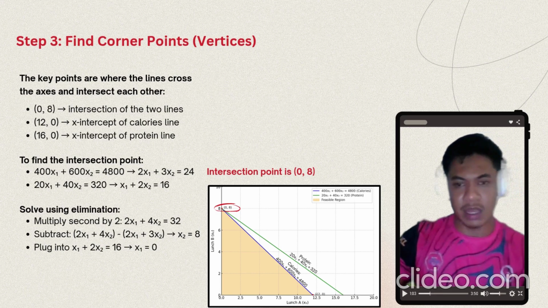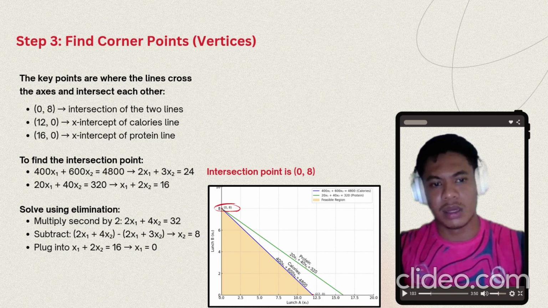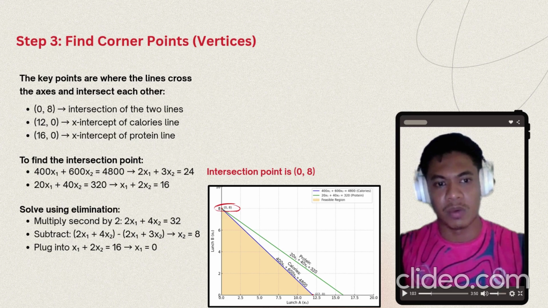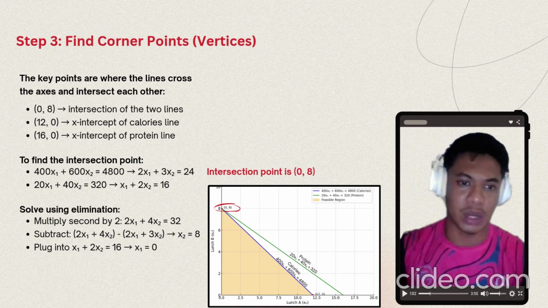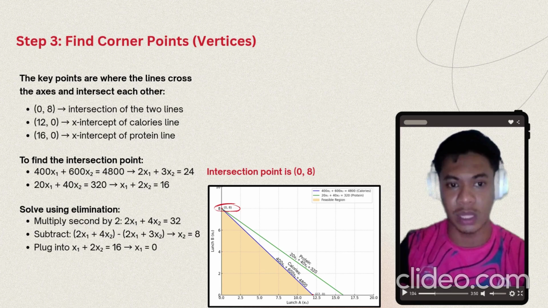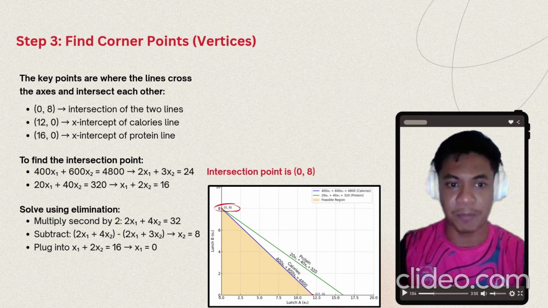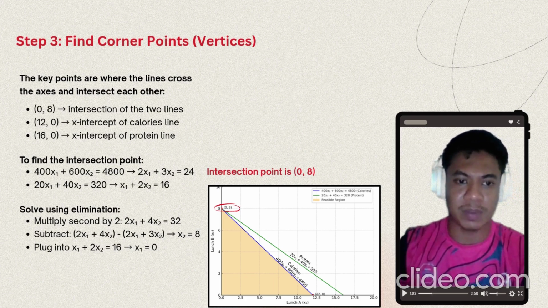As we can see on my side, the first equation is 400x1 plus 600x2 equals 4,800, and the second equation is 20x1 plus 40x2 equals 320. We divide both equations to simplify them, giving 2x1 plus 3x2 equals 24 and x1 plus 2x2 equals 16.